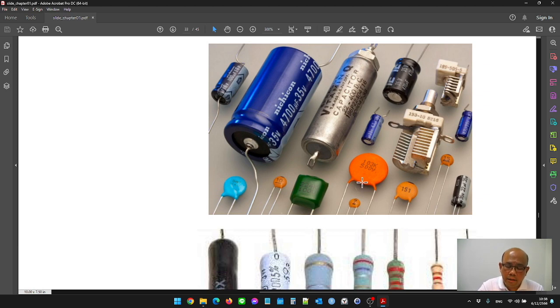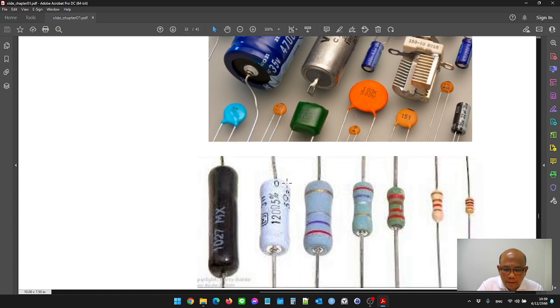Here this is 15 picofarads, 7 picofarads, 10 picofarads, and here maybe 0.22 microfarads. Okay, here this is a capacitor.